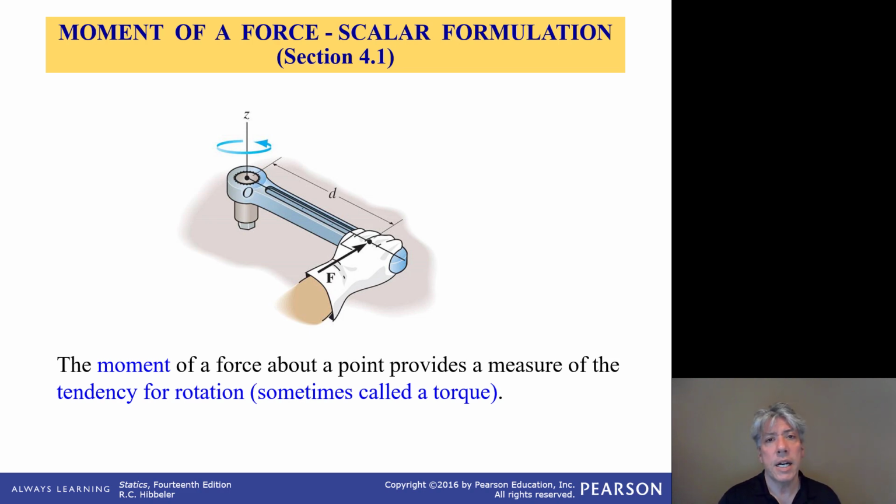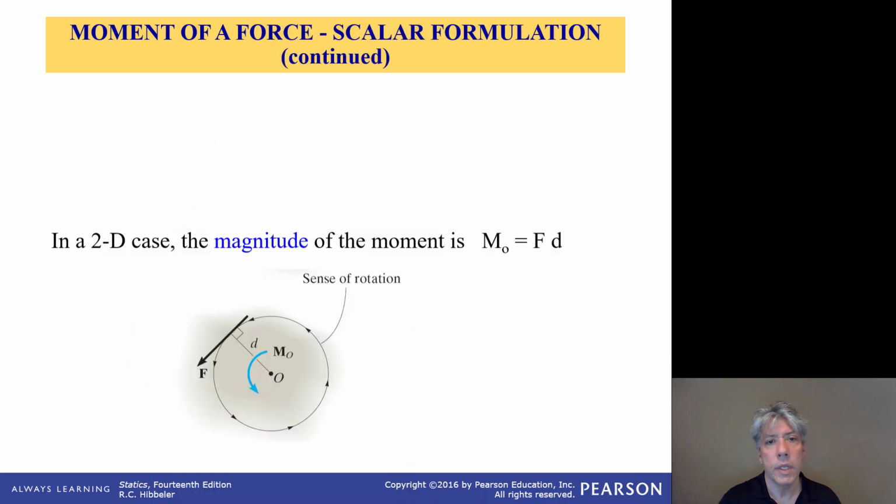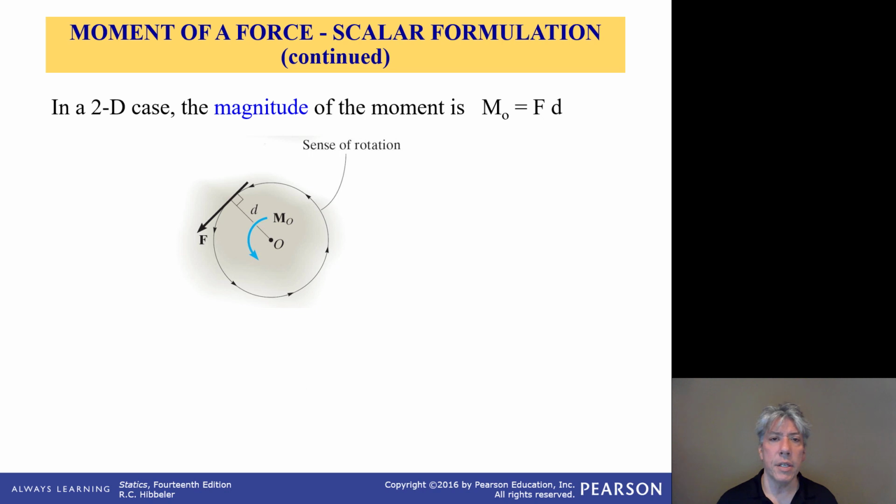But understanding the concept of a moment, I think you probably have an intuitive understanding of it, but we're going to move all the way to a very mathematical formulation of it. So in the case of two dimensions, if we're looking at a situation from the top down here, the amount of moment, called M naught, is simply equal to the force that's applied to the body times the distance between the point of application of the force, or the line of the force, to the center of rotation.